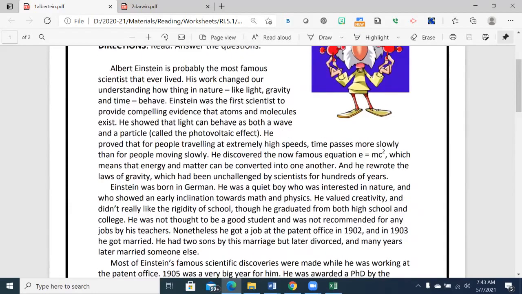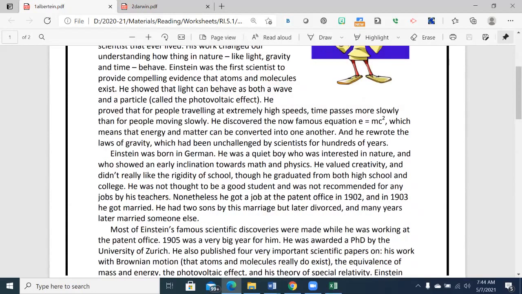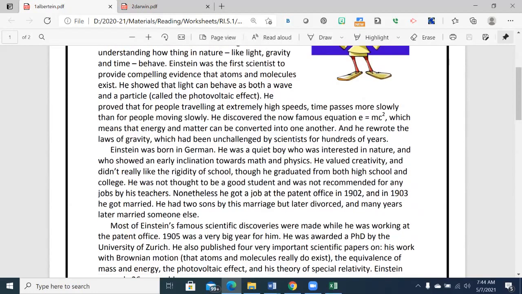Albert Einstein is probably the most famous scientist that ever lived. His work changed our understanding of how things in nature, like light, gravity, and time, behave. Einstein was the first scientist to provide compelling evidence that atoms and molecules exist. He showed that light can behave as both a wave and a particle, called the photovoltaic effect.